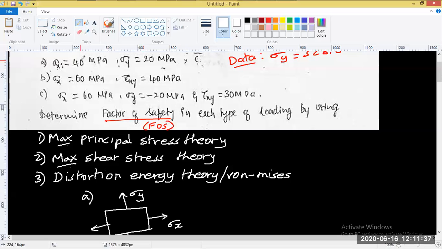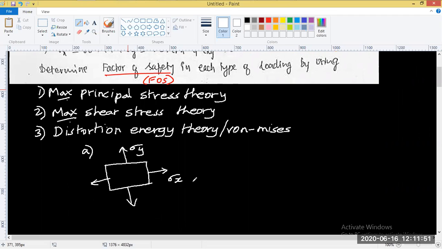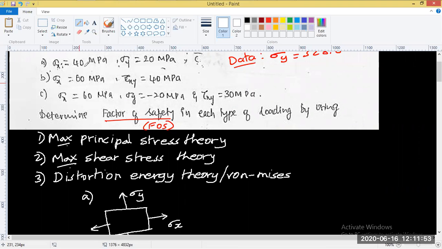Among these, you just identify whichever is maximum. So here, sigma 1 is sigma x or sigma y. It's pretty straightforward. You can see that sigma x is greater in magnitude. So 40 megapascal is greater in magnitude, and there is no shear component.